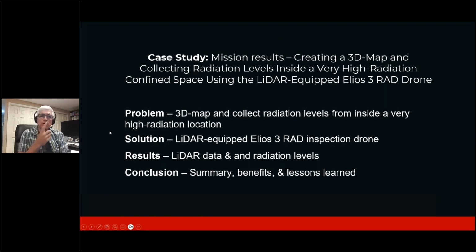So one of the things I want to do is present a case study that was our very first use of the Elios 3 for LiDAR mapping, as well as the Elios RAD payload. I'll just briefly cover the problem that we were facing, and of course the solution, and share a few of the results.